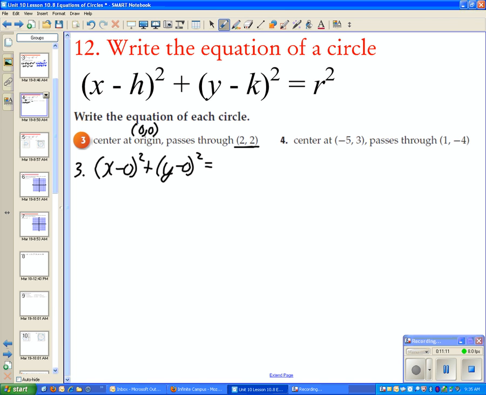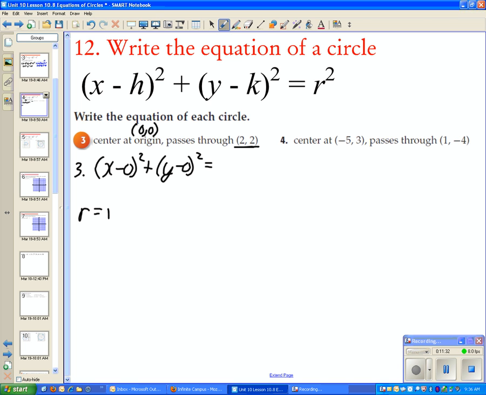Doesn't the radius connect the center to a point on the circle? So I can find the radius just by using the distance formula. Make sense? They don't tell me the radius, but the radius is a segment that connects the center to a point on the circle. So find the distance from the center to that point on the circle, and that's the radius.